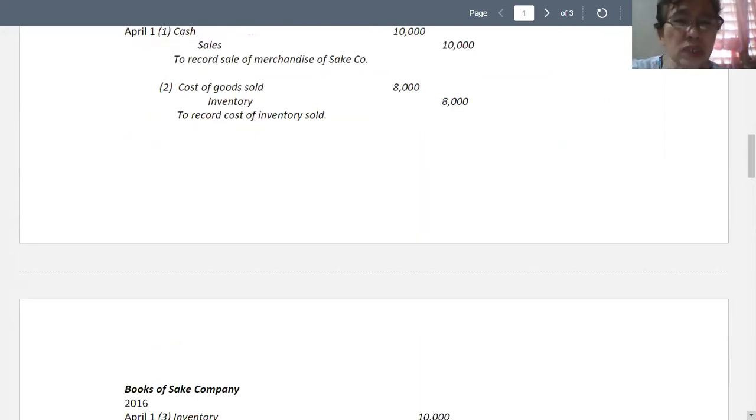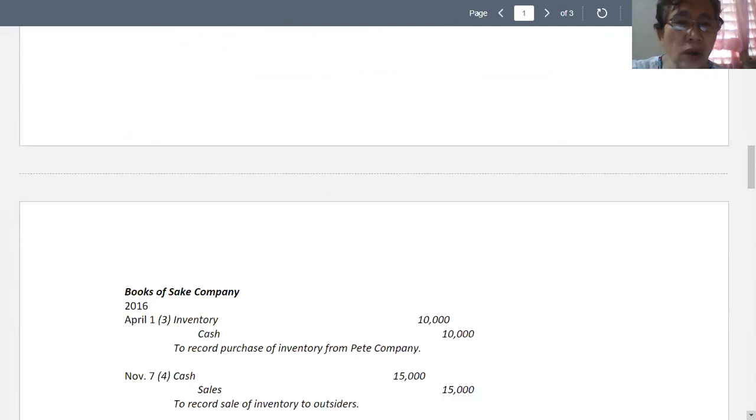In the books of SAIC, on April 1, the entry is to debit inventory and to credit cash in the amount of 10,000 to record the purchase of inventory from Pitt. In other words, SAIC is buying from Pitt.